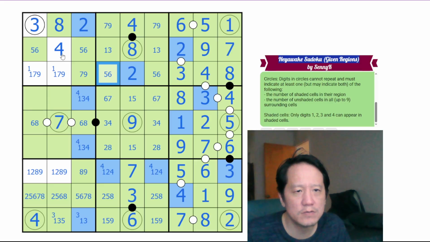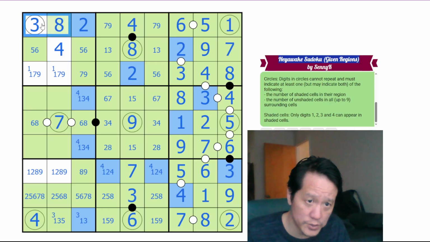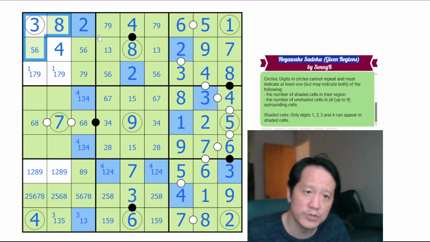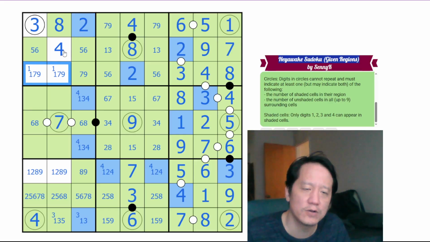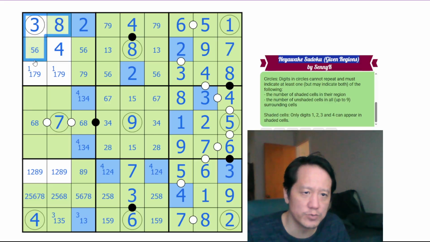Oh, well... If this were shaded, this would be all unshaded, because you only have 3 shaded. We have 1 here. We have 1 here. And there's 3 unshaded cells here. But the problem with this being shaded is this would be 3 unshaded. This would be unshaded.